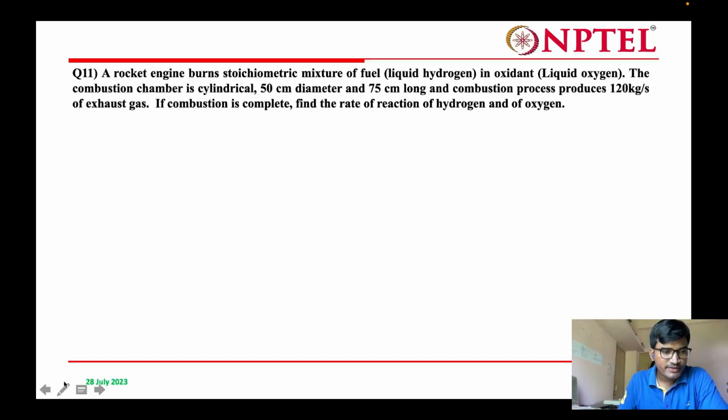Moving to question number 12. A rocket engine burns a stoichiometric mixture of fuels, liquid hydrogen, and oxidant, liquid oxygen. The combustion chamber is cylindrical with dimensions 50 centimeter diameter and 70 centimeter long. The combustion process produces 120 kg per second of exhaust gas. If combustion is complete, find the rate of reaction of hydrogen and oxygen.